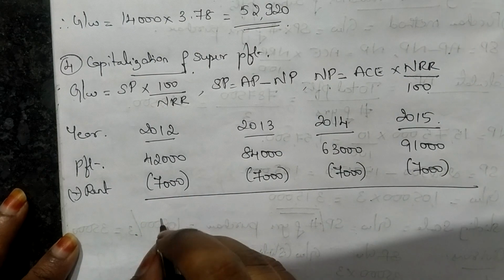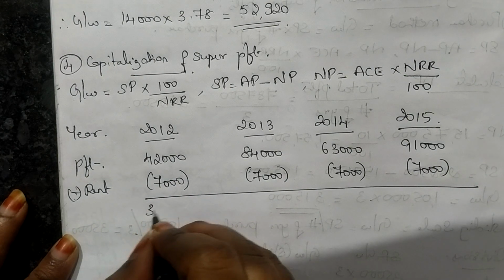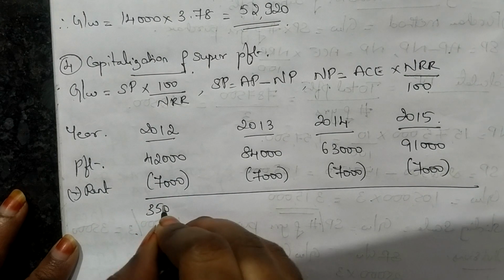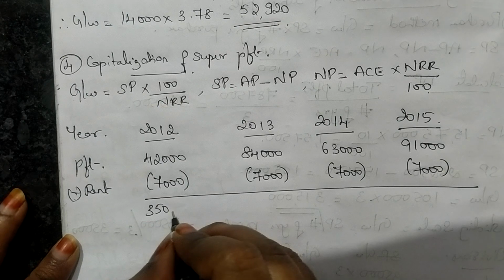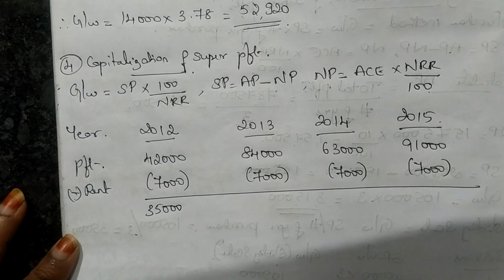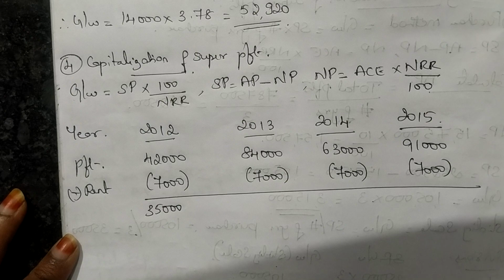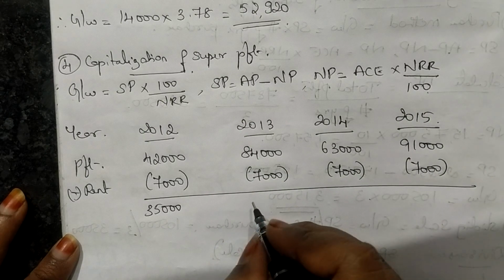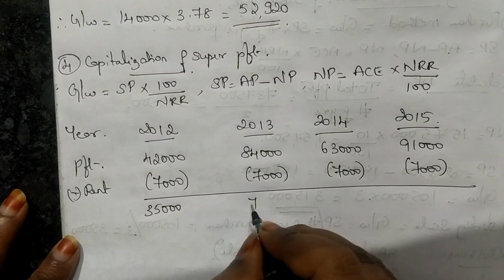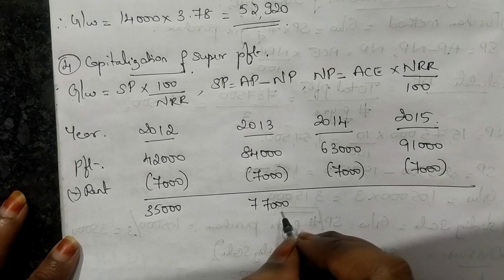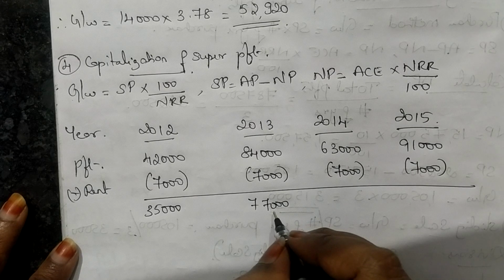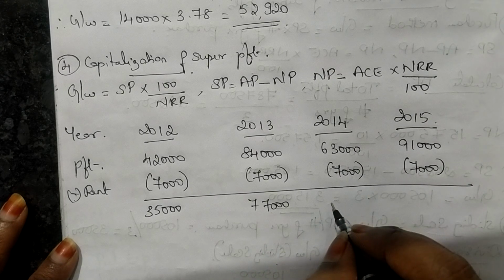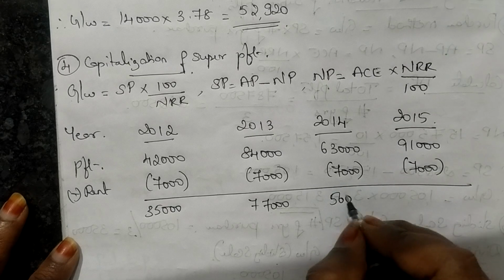So 42,000 minus 7,000 is 35,000. 84 minus 7 is 77,000. 63,000 minus 7,000 is 56,000.